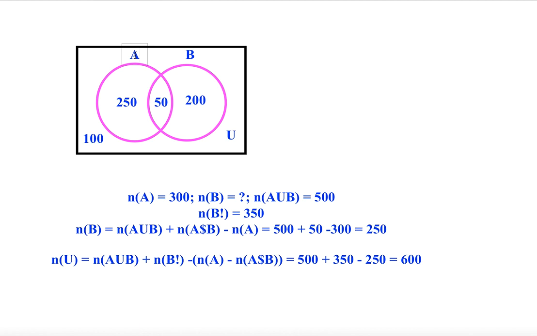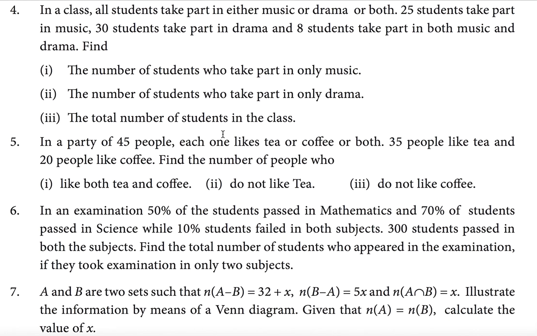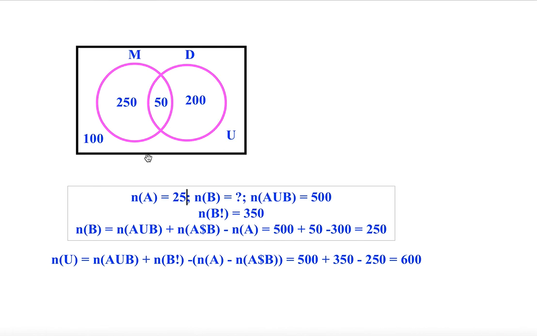This is music, 25. Now this is drama. So N of A is 25, right? 30 students take part in drama. 8 students take part in both music and drama.